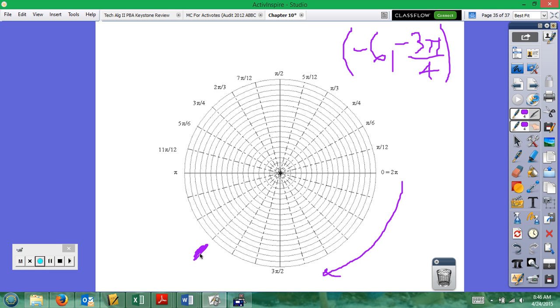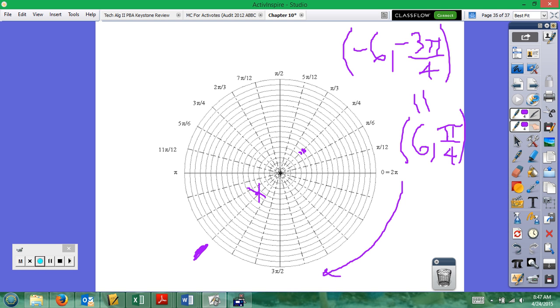Normally I'd count towards that point, 1, 2, 3, 4, 5, 6, so it'd be right around here. But no, negative 6 means you actually go the opposite direction. So 1, 2, 3, 4, 5, 6. That's where it would be, right there. That means that negative 6 comma negative 3 pi over 4 would actually be equivalent to just doing positive 6 comma pi over 4.